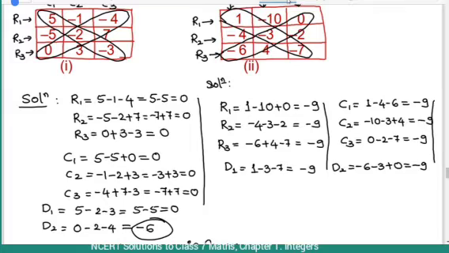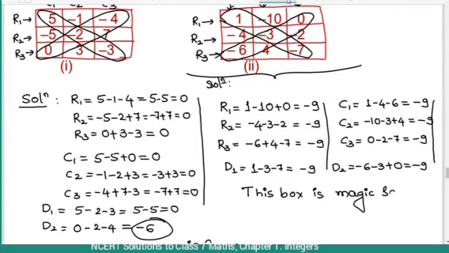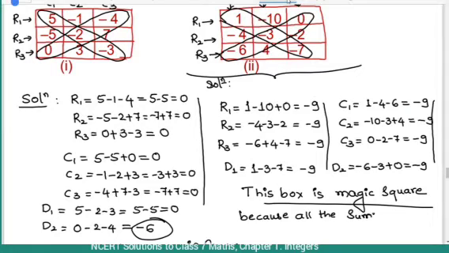Therefore, we can say that this box is a magic square. Why is this box a magic square? Because all the sums are equal. All the sums of rows, columns and diagonals are equal here.